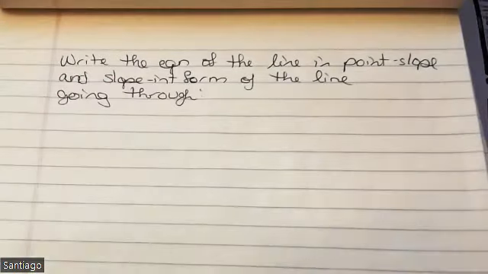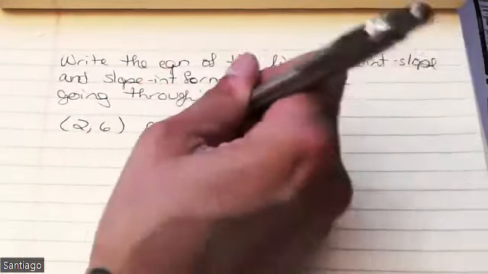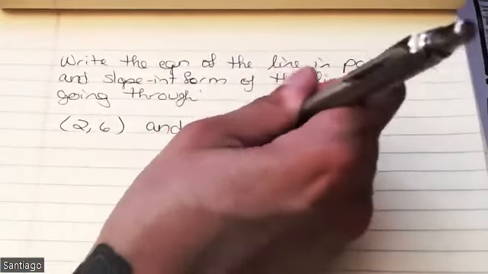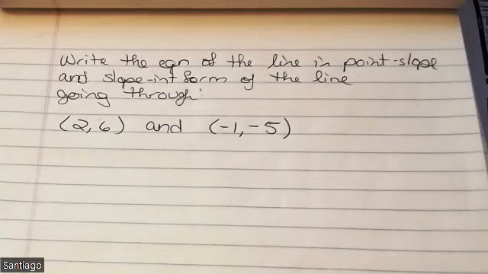So let's say that my points are 2, 6, and -1, -5. So I want to find the equation of that line in 2 forms, point slope and slope intercept form.